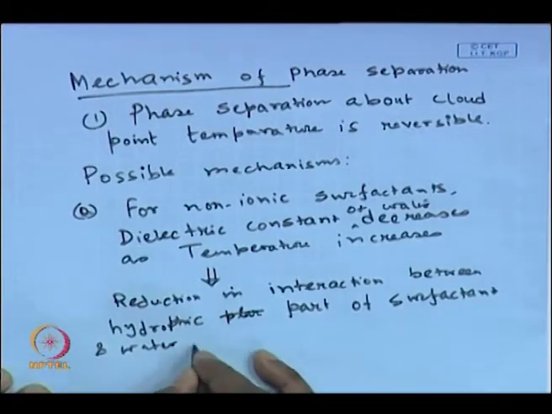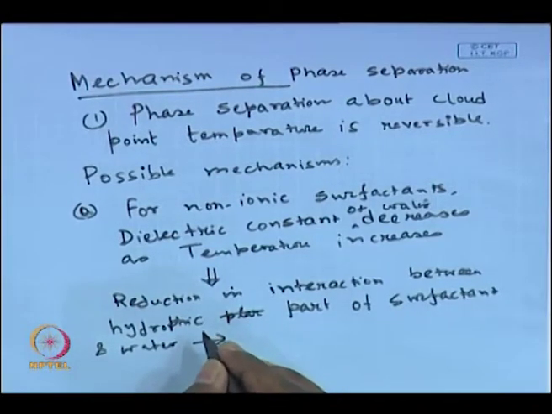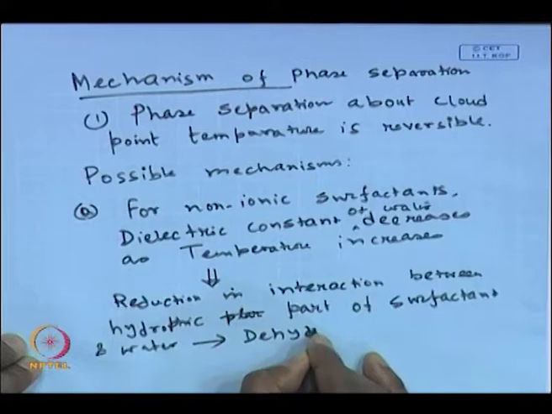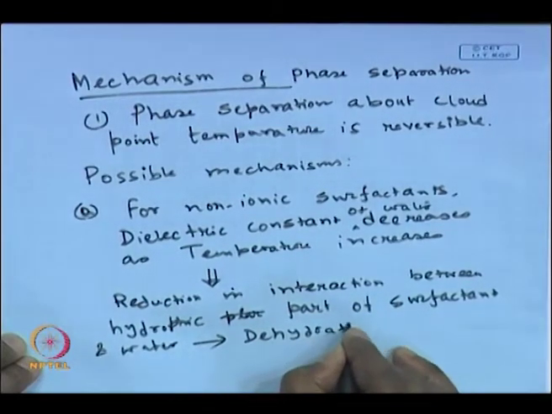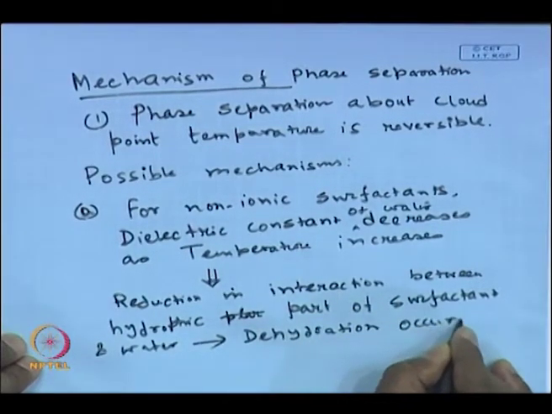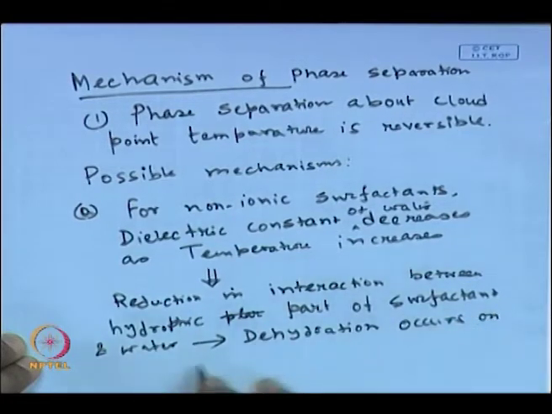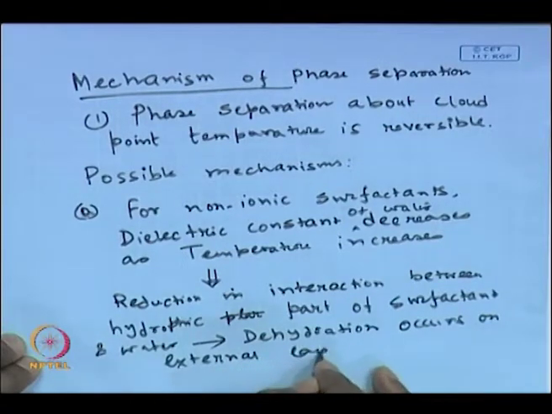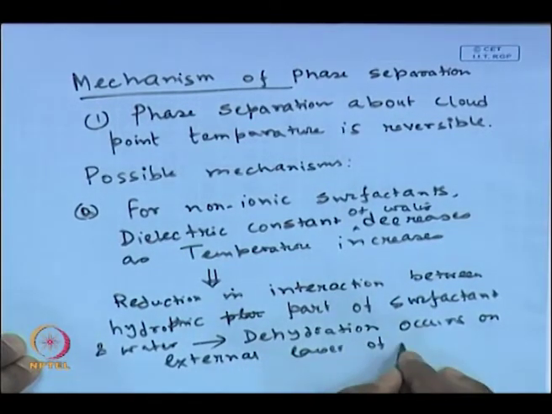What does it mean? It means that dehydration occurs at the external layer of the micelle, because at the outer surface there is the hydrophilic layer. If it does not like the water environment, then dehydration occurs. Water will be repelled from the outer surface. So, dehydration occurs on the external layer of micelles.